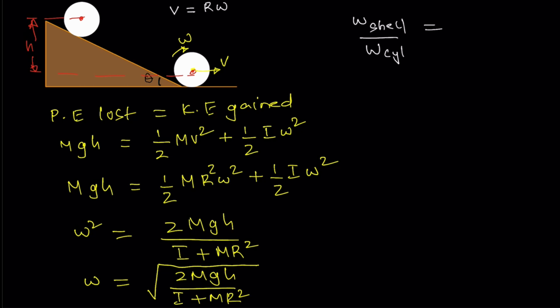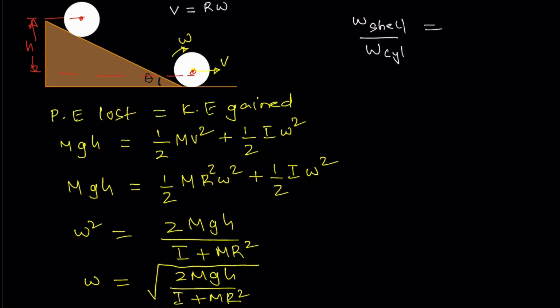The 2, m, g and h are common for both of them, so there is no point writing them down, since they are going to get cancelled anyway.